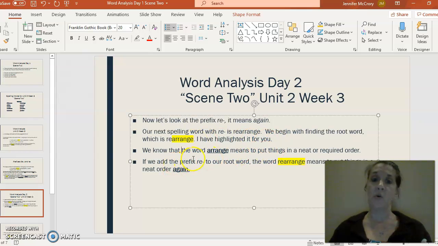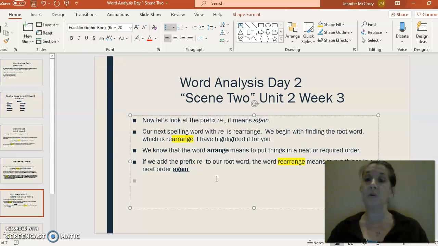And we know that the word arrange means to put things in a neat or required order. So if we add the prefix re to our root word, then the word rearrange now changes its meaning and it means to put things in a neat order again, which means you're going to do it all over again.